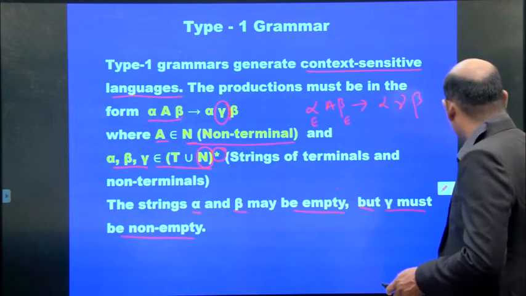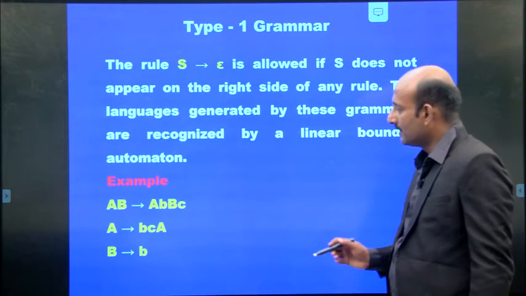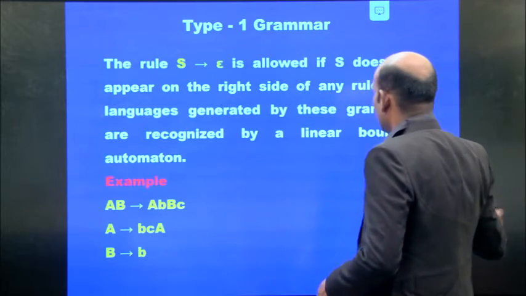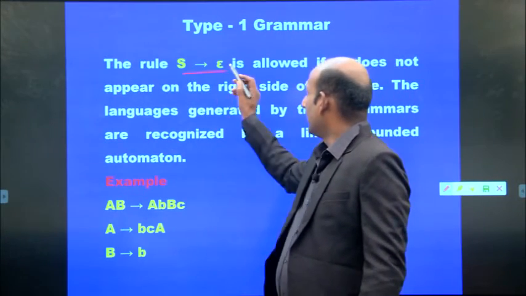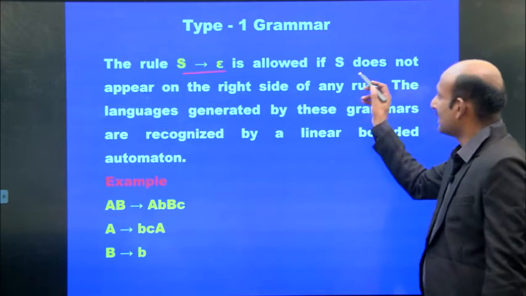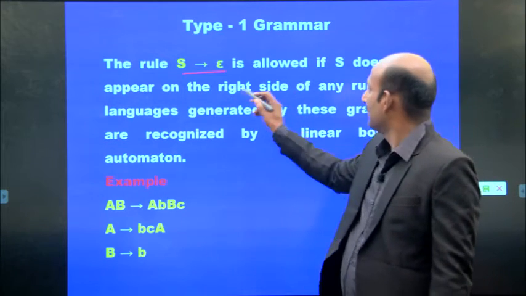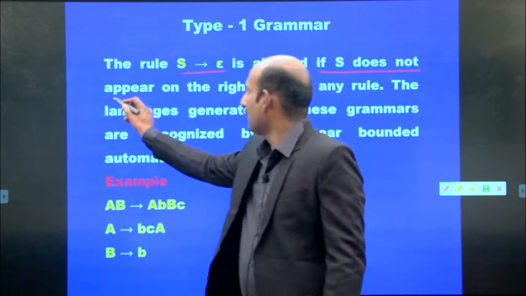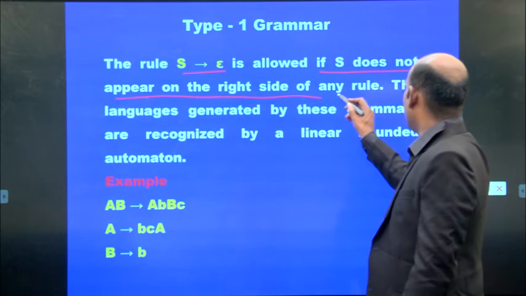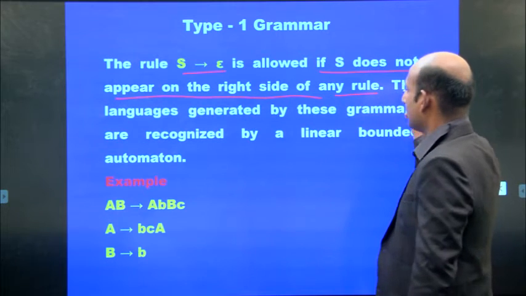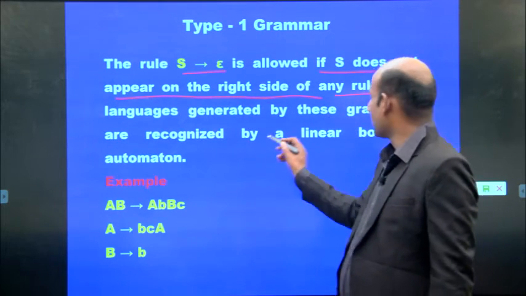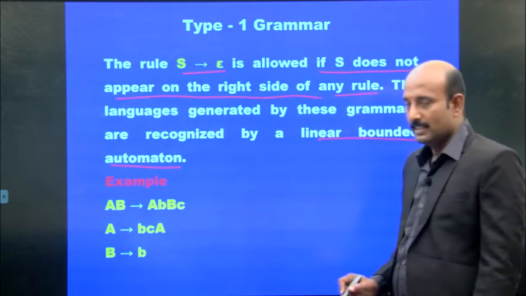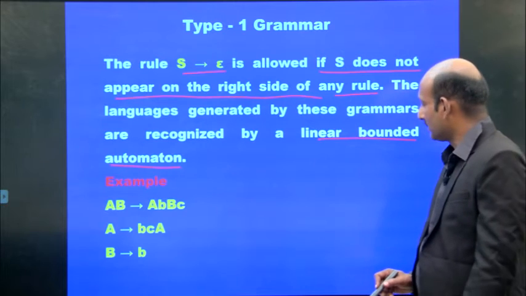Let's see an example grammar with A, B. The rule is: S implies epsilon is allowed if S does not appear on the right hand side. That is a very important point. If S does not appear on the right side of any rule, then the language generated by this grammar is recognized by a linear bounded automaton.